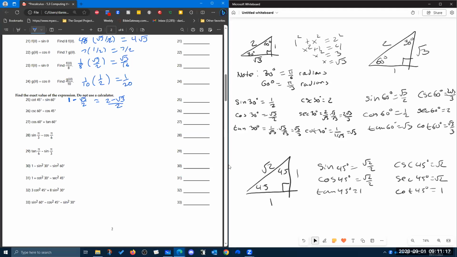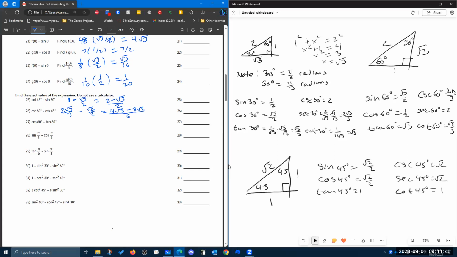Cosecant of 60 degrees is 2√3/3, minus cosine of 45 degrees is √2/2. We could leave it like that, but let's make a common denominator here of 6: 4√3 minus 3√2 over 6.